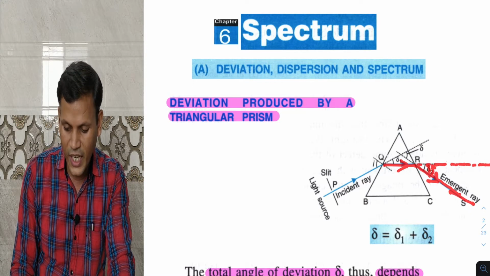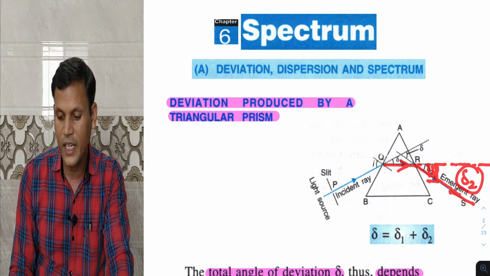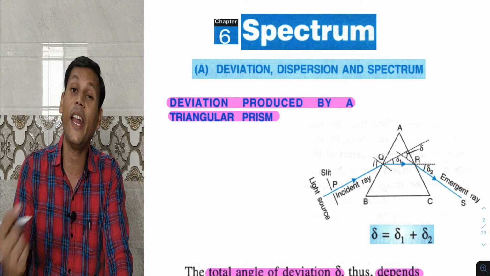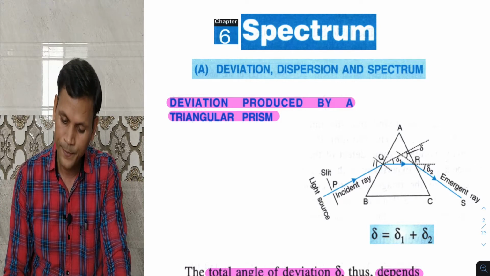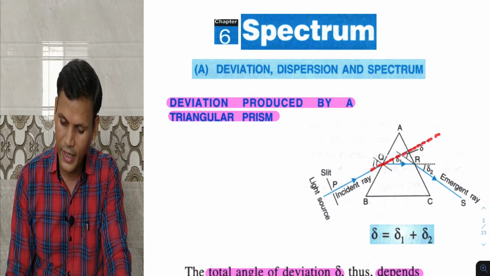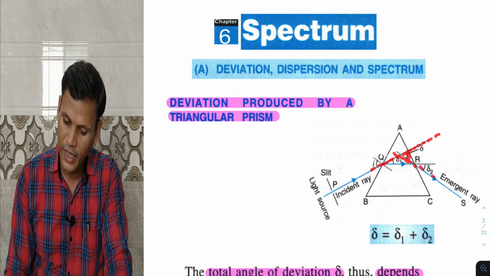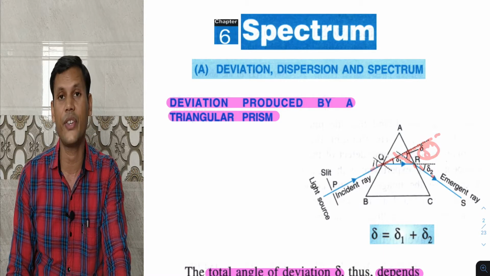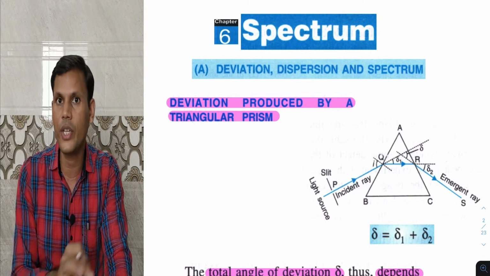This is the angle of deviation, delta 2. And one more angle is here: if we extend the incident ray and the emergent ray in this direction, this angle is again an angle of deviation. So these are all the angles of deviation.